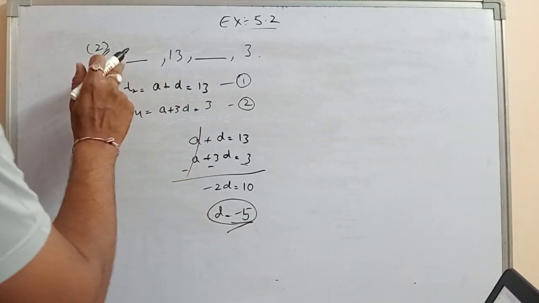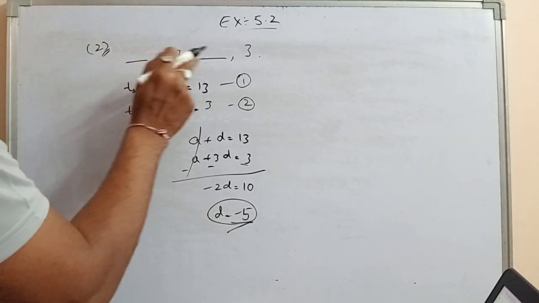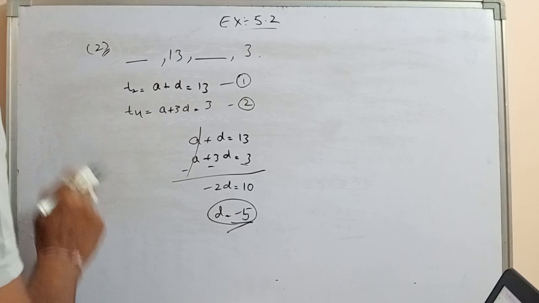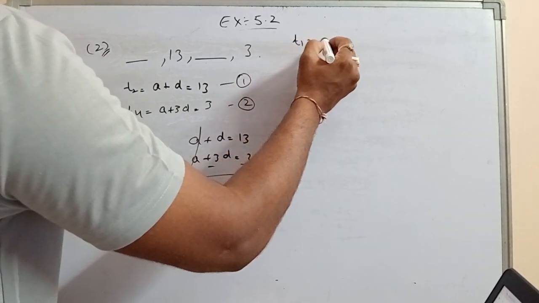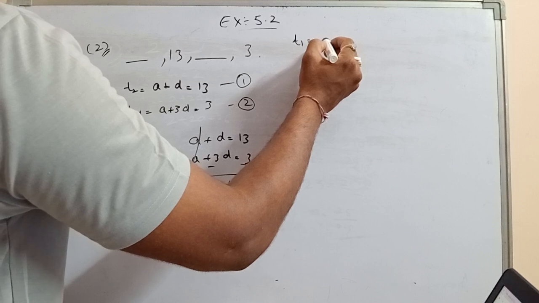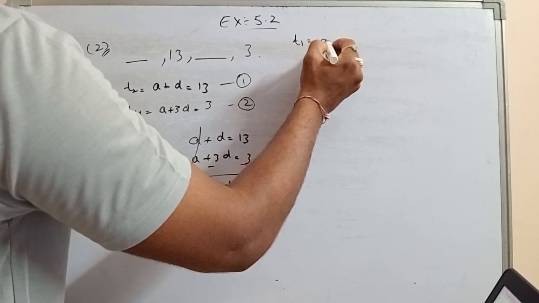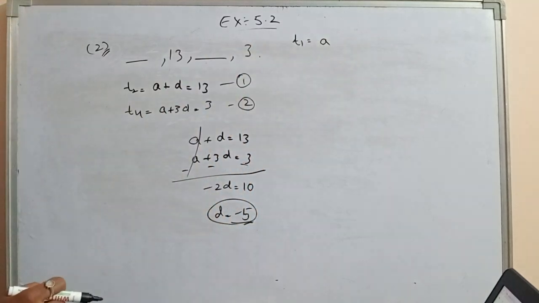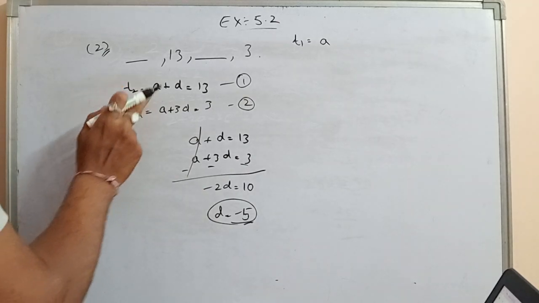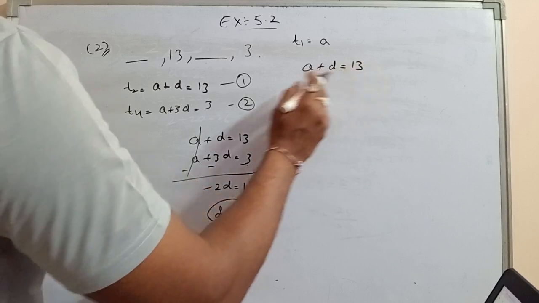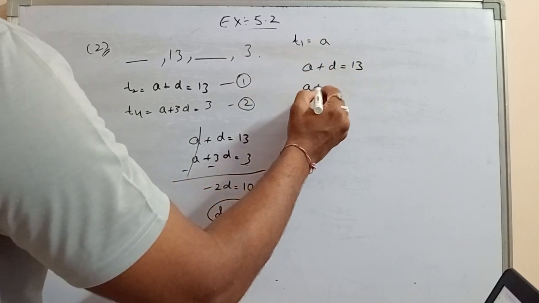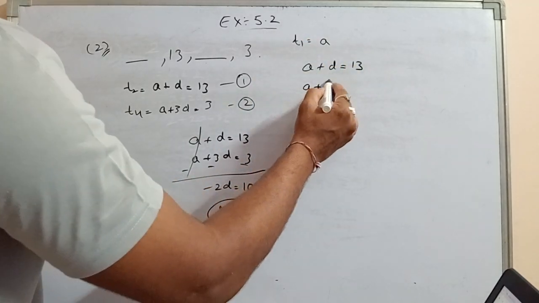In the same way, we have to find the first and third terms. d we got. So T1 is equal to a. In order to find the value of a, we substitute in either of these two equations. So a plus d is equal to 13. The value of a we don't know. a plus, what is the value of d? Minus 5.